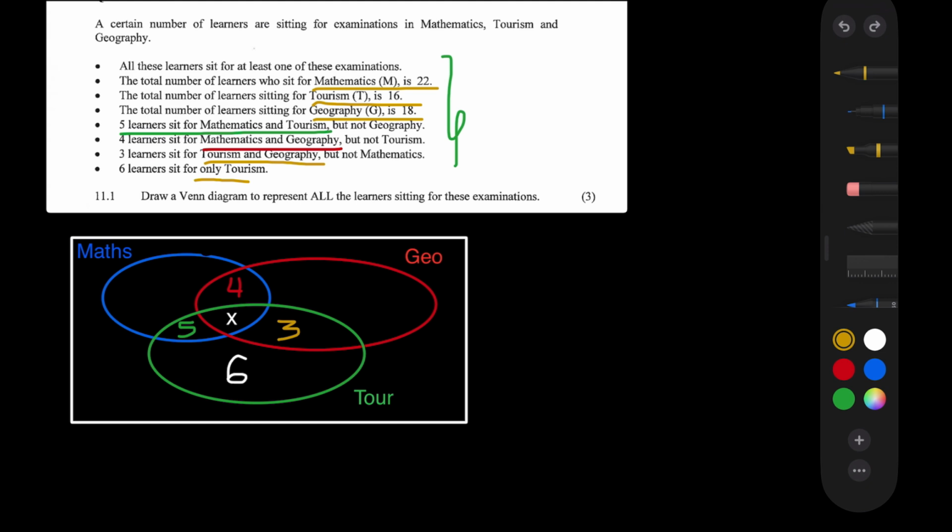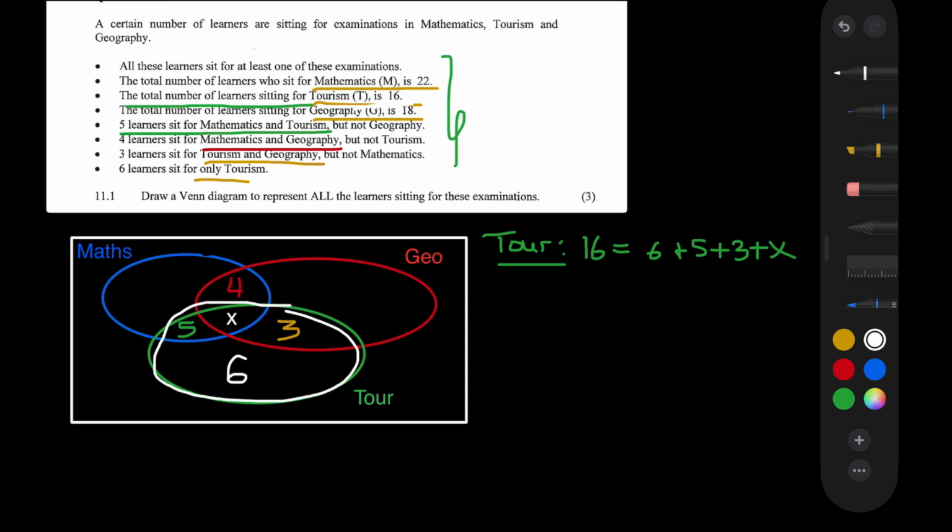So now we know, when starting with tourism, since we basically have all the numbers inside, we can simply solve for our X. So for tourism, we have 16 is equal to 6 plus 5 plus 3 plus x, you see. So the total number of learners sitting for tourism is 16, meaning that the addition of all the numbers in the green circle is supposed to add up to 16.